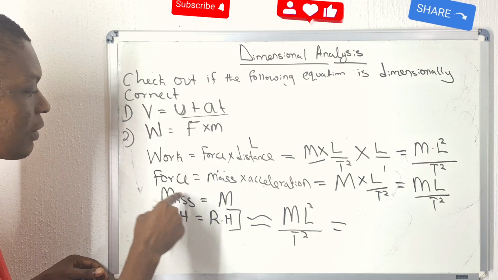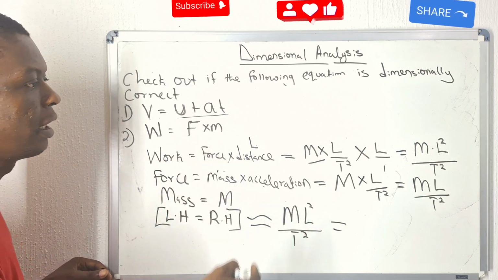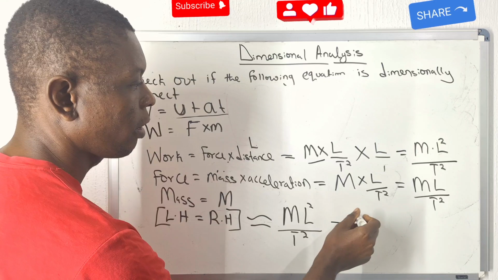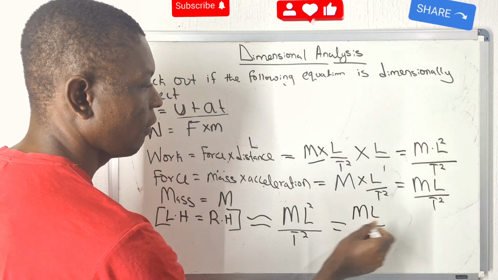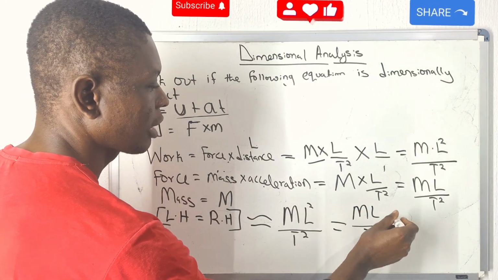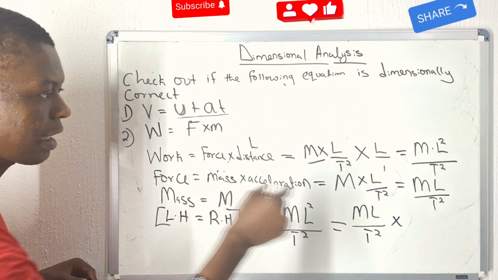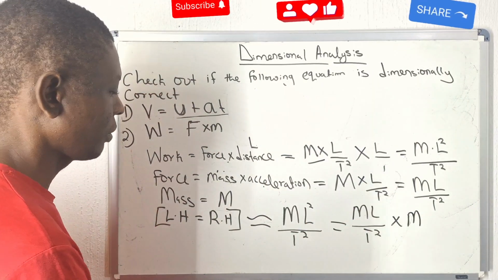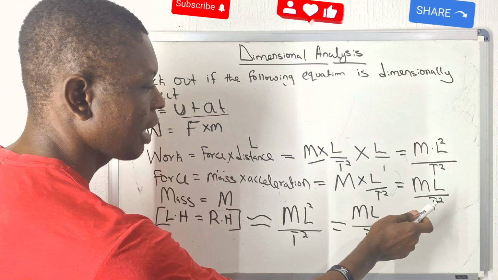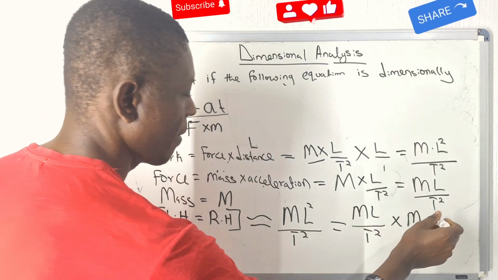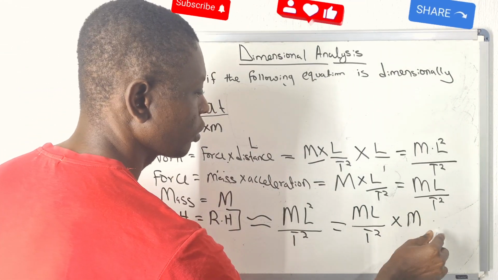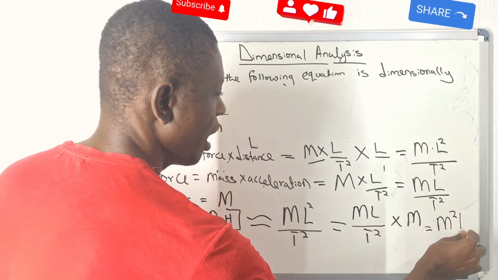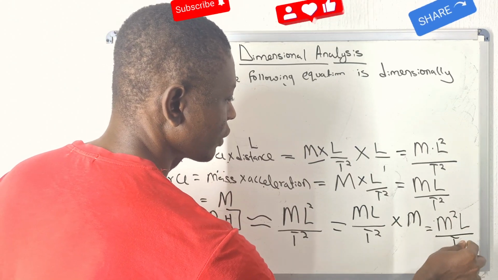The right-hand side is force times mass. Our force is M L over T squared, times mass, which is capital letter M. When we multiply this out, M times M gives M squared L over T squared.